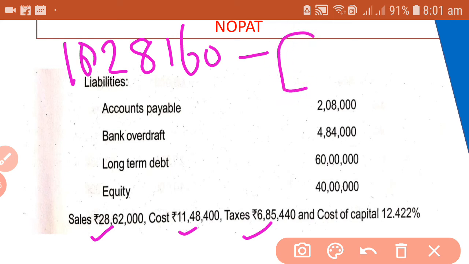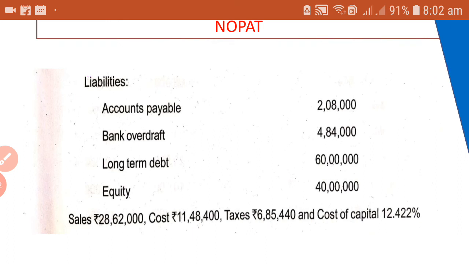That is, here the amount of capital will be 60 plus 40 plus 4, 104 lakhs 84,000, into the cost of capital, which is 0.1242.